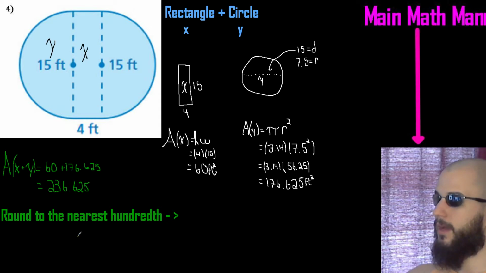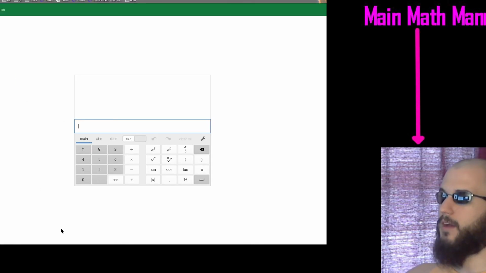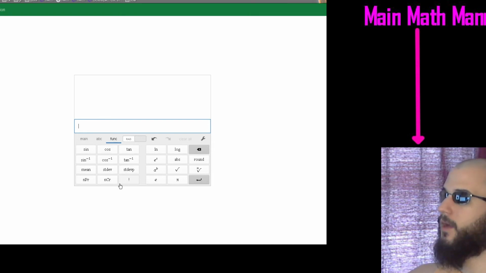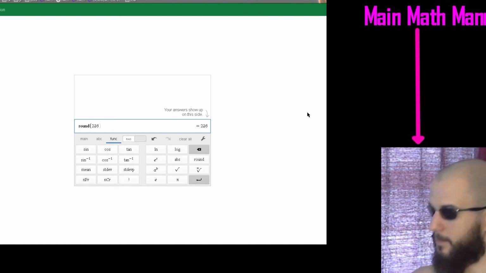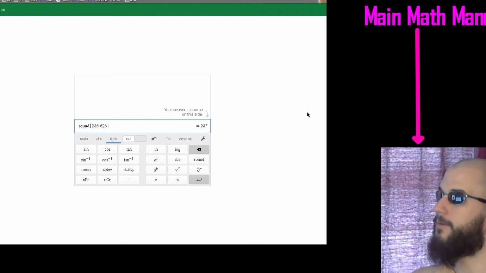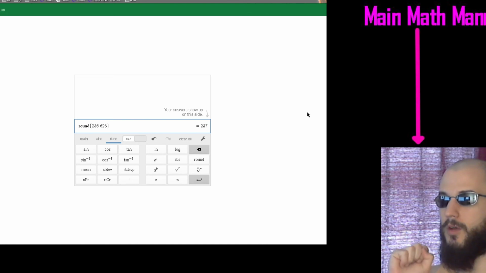Make sure when you're doing this, you can use your wonderful Desmos calculator. Let's use that function tool. Let's bust out the round tool. We said 236.625. I know it says a certain number, but we have to remember, we want to go to the hundredths column.